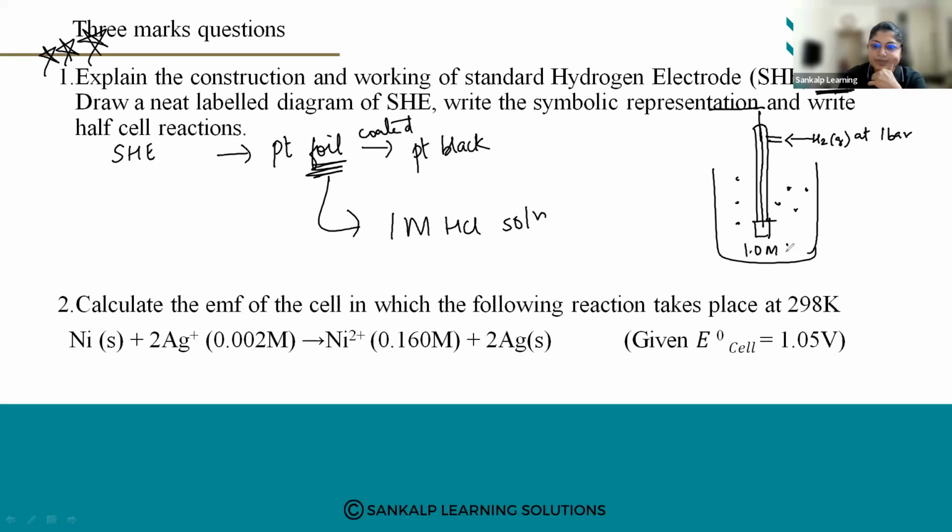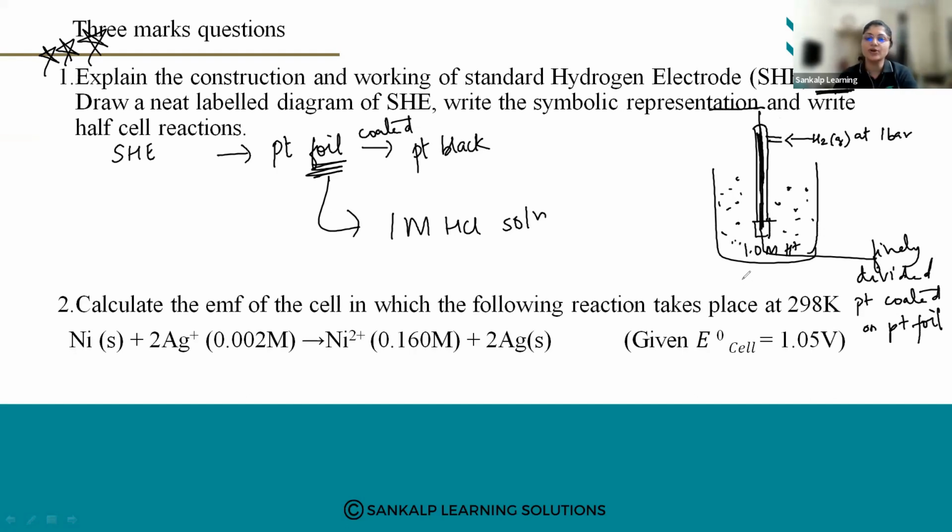Here 1 molar HCl solution is there. On the platinum wire, the foil is coated with finely divided platinum, platinum black, and it is dipped in the HCl. This is the labelled diagram you have to draw.